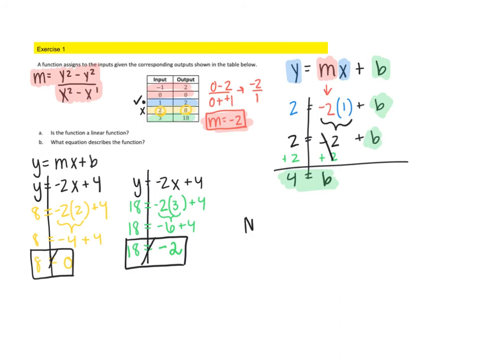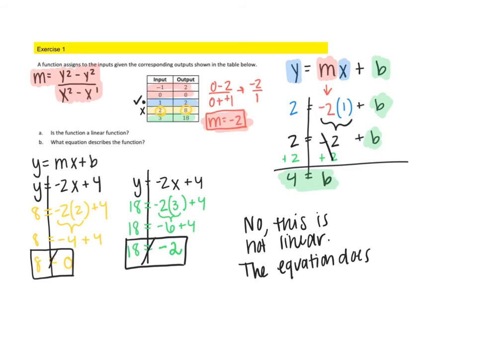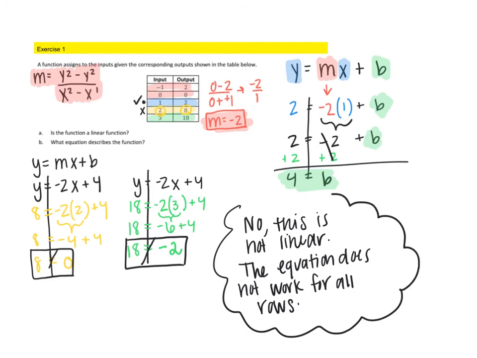No, this is not linear. The equation does not work for all rows. Okay? Let me know if you don't understand why this is not linear. Okay? Make sure you have all this down. And then we're going to move on to our next exercise, okay?